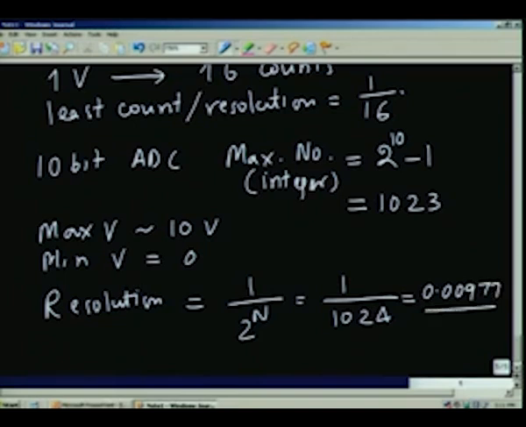So, that is a fraction. If you multiply by the maximum value, V max, that gives you 0.00977 into the 10. So, this will be something like 0.0977.